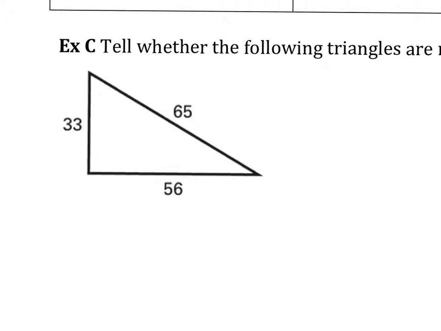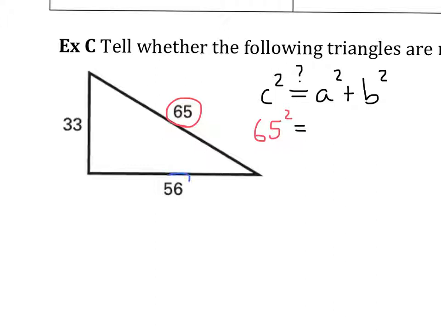So again, let me set up by putting in the Pythagorean converse. I'm going to start with the c squared. I'm going to put an equals with a question mark because I'm not sure, a squared plus b squared. So c is my longest right here, so I'm going to put 65 squared there, equals, and it doesn't matter which one you call your legs, but both of these two are my legs.